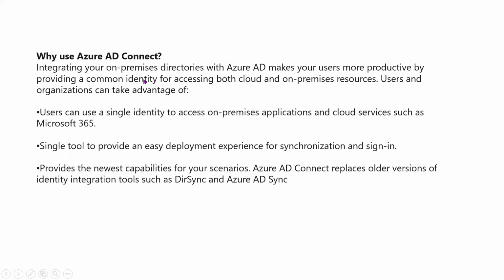Common identity means you will use the same username and password to access cloud as well as your on-premises resources. I gave you the example of FileShare and Office 365, so you can relate to that. Users and organizations can take advantage of this. A user can use a single identity to access on-premises applications and cloud services such as Microsoft 365. I gave you the example of FileShare that is based on your on-prem.